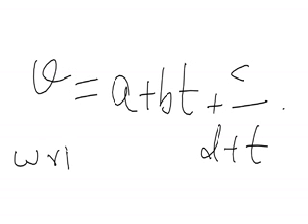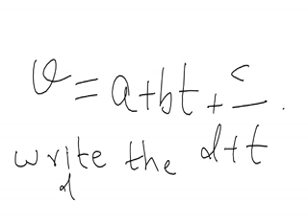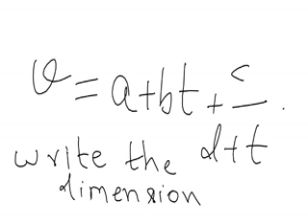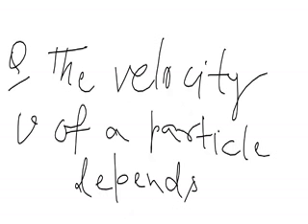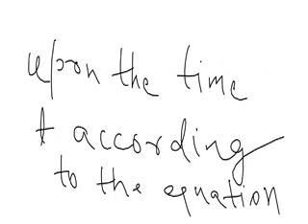Write the dimensions of a, b, c, and d. The question is: the velocity v of a particle depends upon the time t.